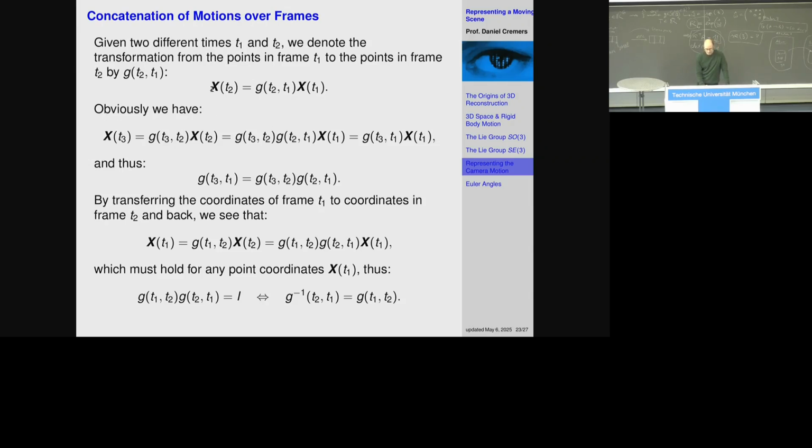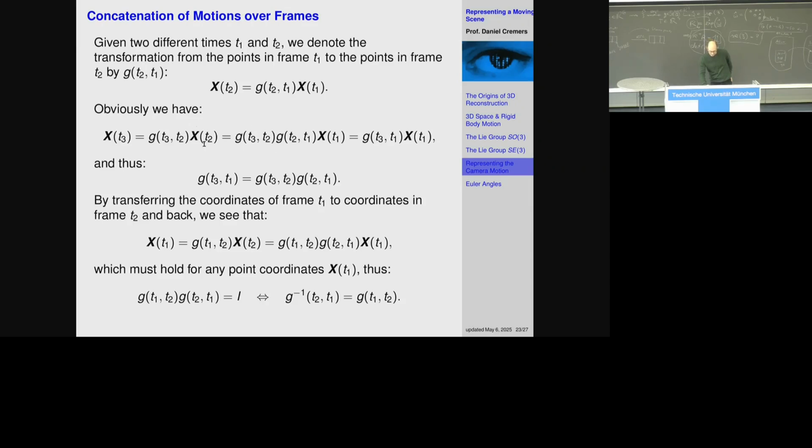Right? And if I define things this way and say the rigid body motion that relates the coordinates at time 1 and time 2 is this g t2 t1, then I can do things like saying, how about if I look at it at time t3? Compared to the coordinates at time t2, it is just g of t3 t2 times x of t2.